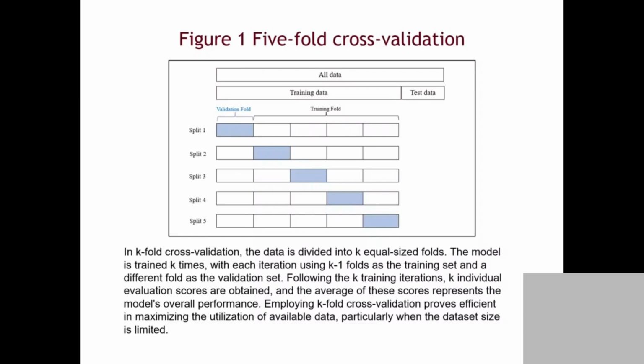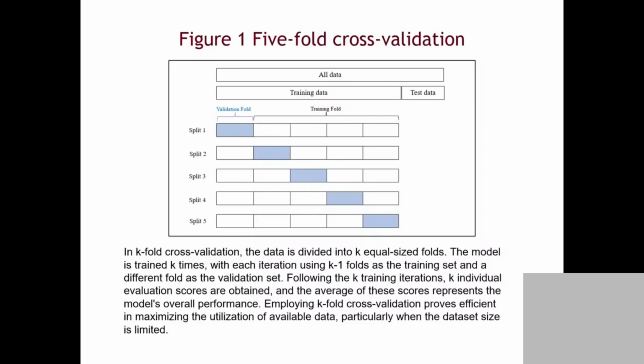But if you did this 5 times, each time randomly choosing a different 20%, and each time AI does well on that random 20%, that means AI can do a good job for any test you give in the future, right? So this is called 5-fold cross-validation, and you can see how we do that. That's the concept.